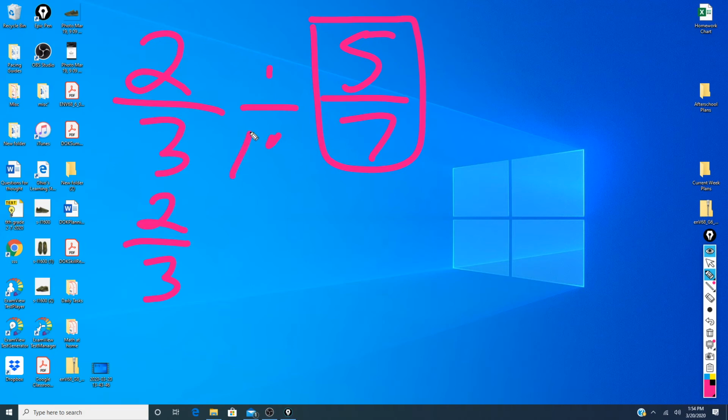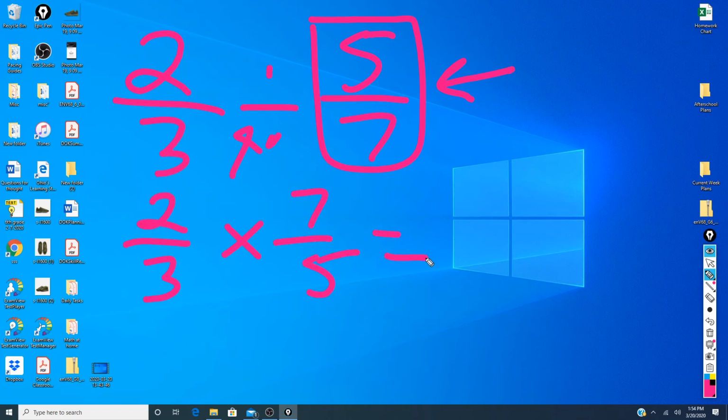So when you're dividing two fractions, you change it to multiplying, and then you multiply by the reciprocal of that second fraction. So instead of 5 over 7, it's 7 over 5.